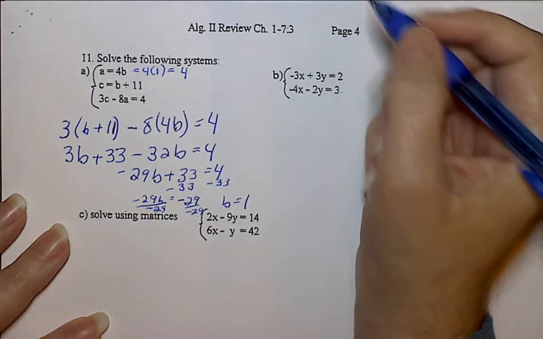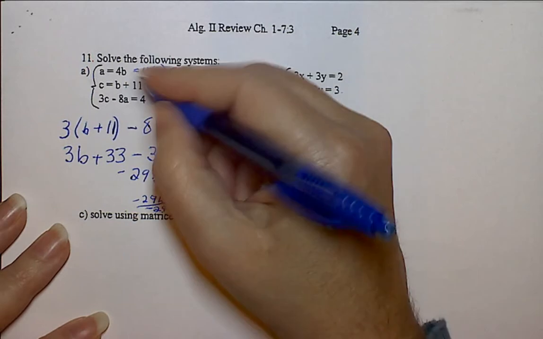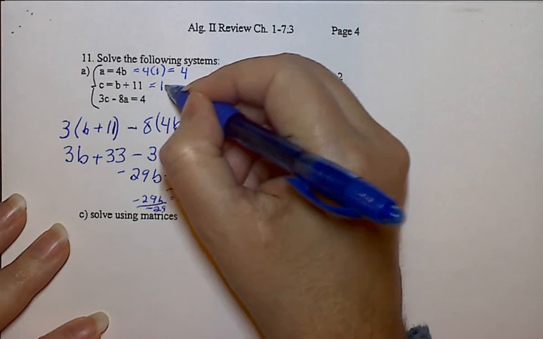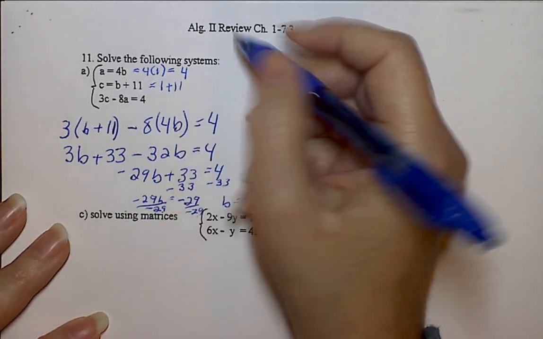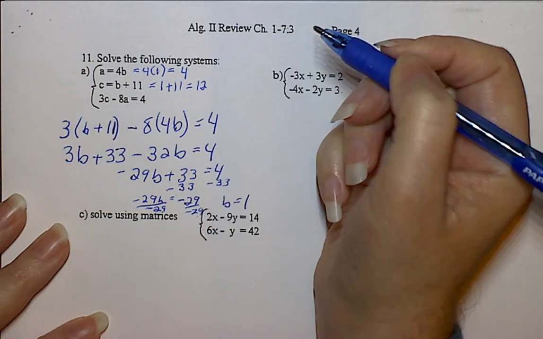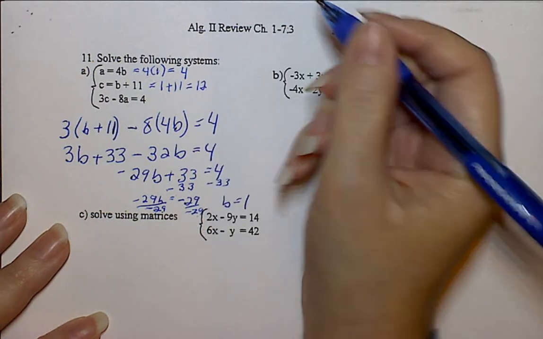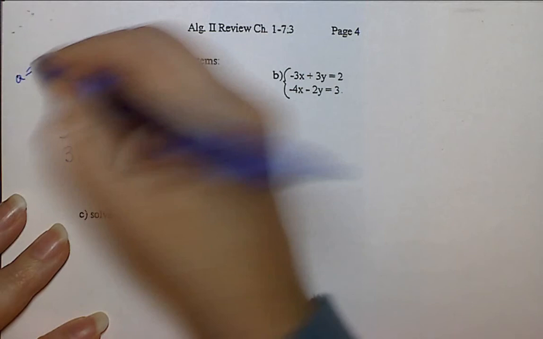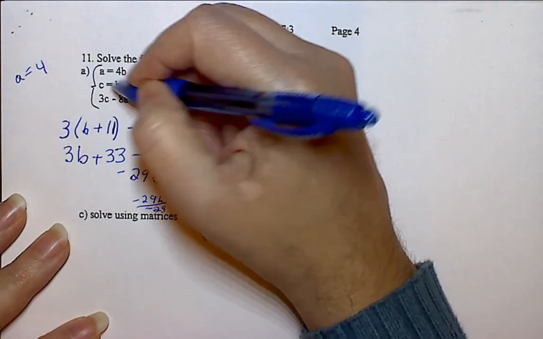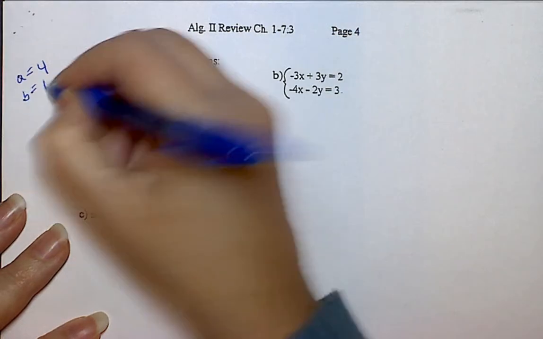And then C says that C equals B plus 11. So B is 1, so that means it's 1 plus 11. So that means C is 12. So just so you get A equals 4, B equaled 1, and C equaled 12.